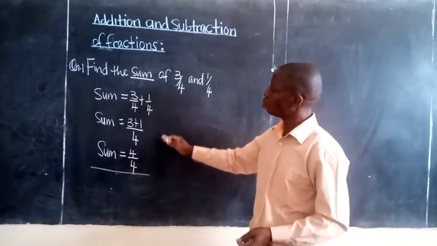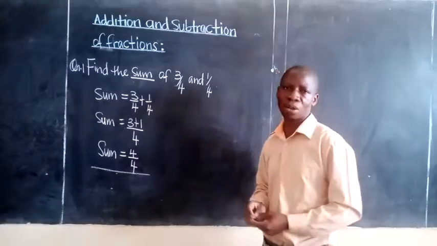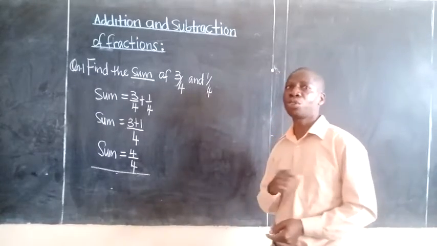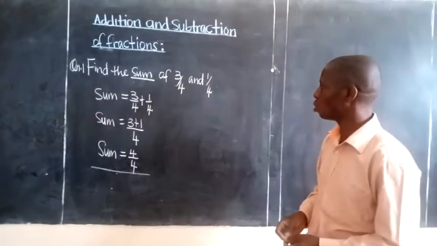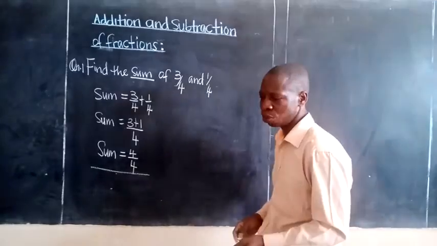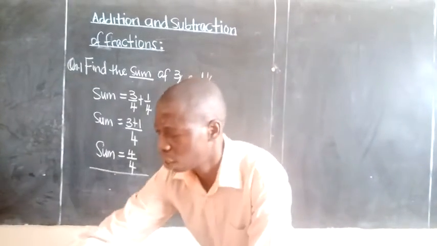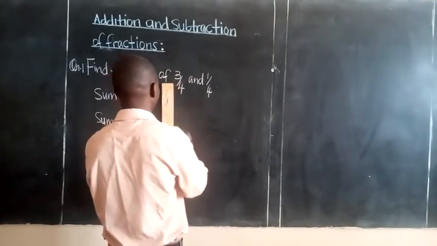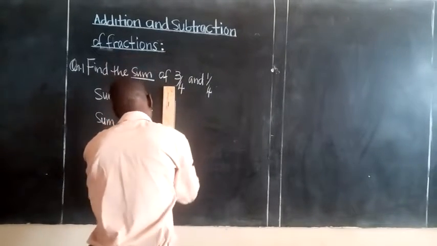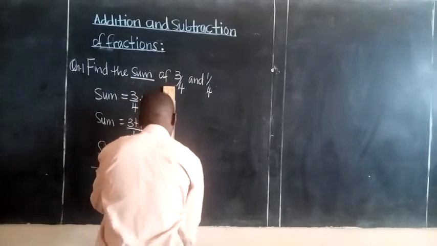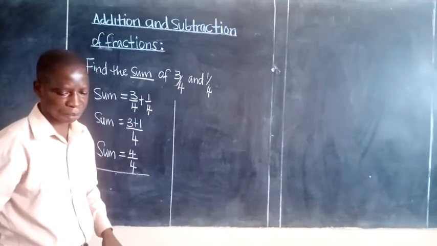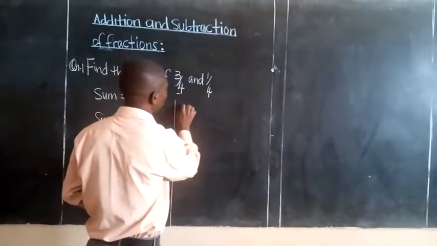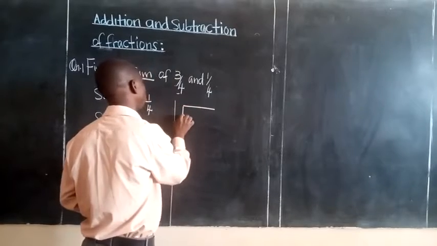However, we can add this one using a diagram, like what we saw in our previous lessons. Let's see how it is done. So we are talking of 3 quarters. We shall draw our diagram of 3 quarters.